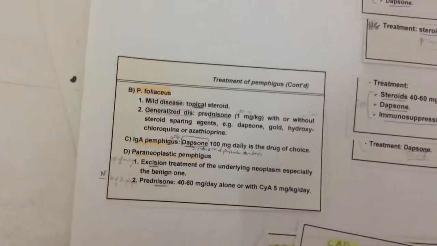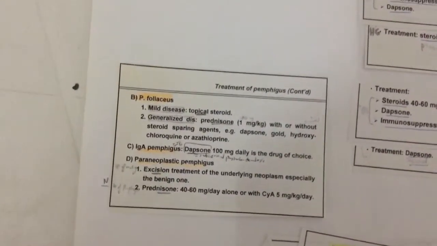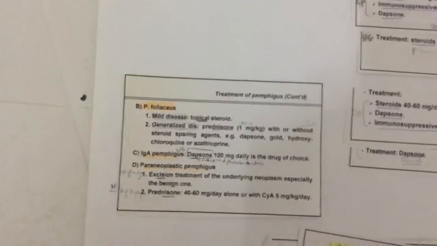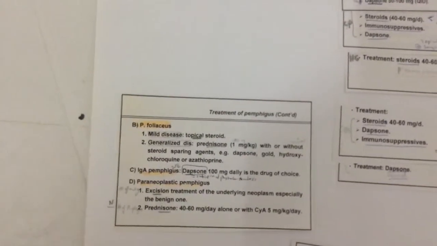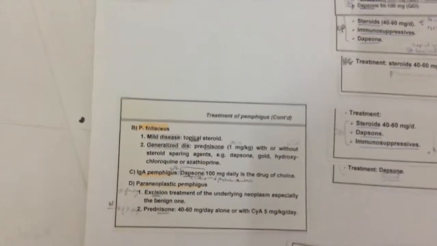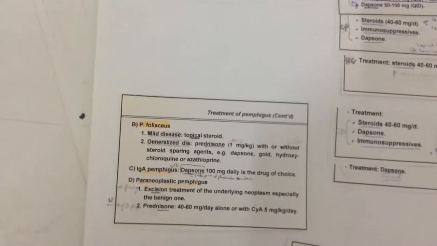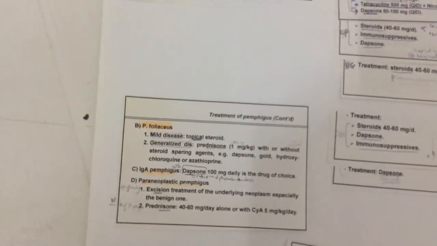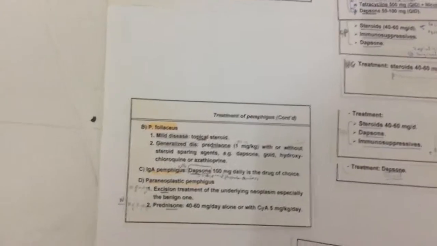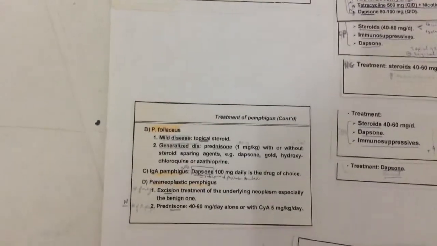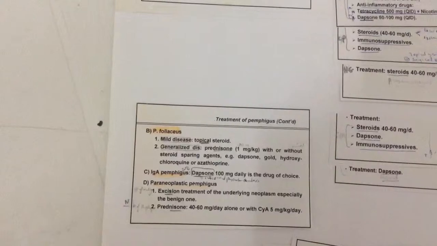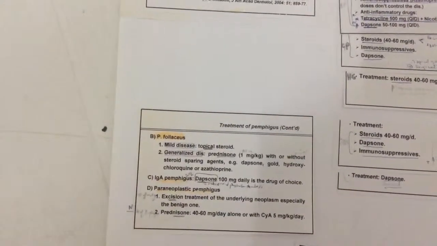For immunoglobulin A pemphigus, we give dapsone 100 mg daily, the drug of choice. For paraneoplastic pemphigus, we treat the pemphigus and the cancer. For the pemphigus we give prednisone 40 to 60 mg per day, with or without cyclosporin A 5 mg per kilogram per day, and we make excision or treatment of the underlying neoplasm, especially the benign one.